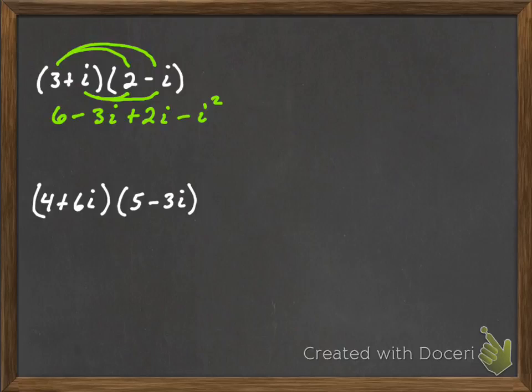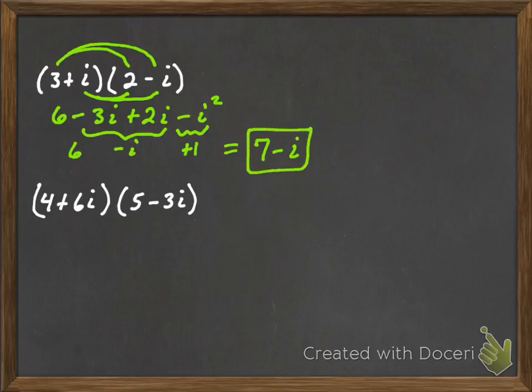Now remember that i squared is negative 1. So minus a negative 1 makes this a positive 1. These two simplify together to give us minus i. And then we have this 6 in the front. So now this combines to give you 7 minus i.